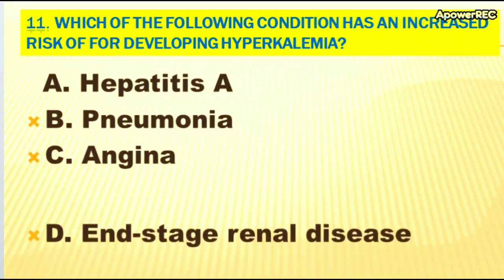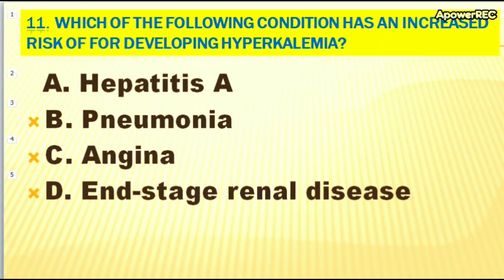Hepatitis A, pneumonia, angina, end-stage renal disease. Correct answer is end-stage renal disease. End-stage renal disease has a risk for developing hyperkalemia. End stage of renal disease means gradual loss of kidney function reached an advanced stage. That is end stage of renal failure.